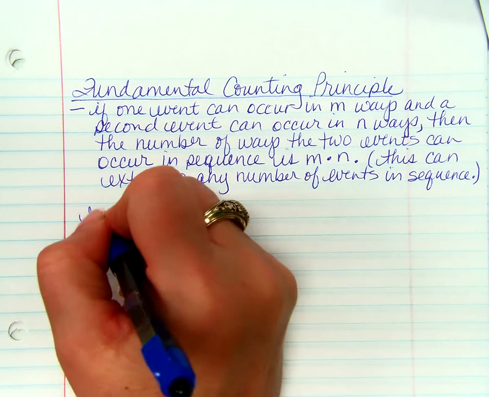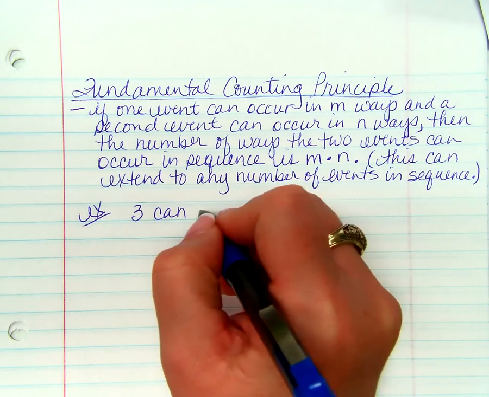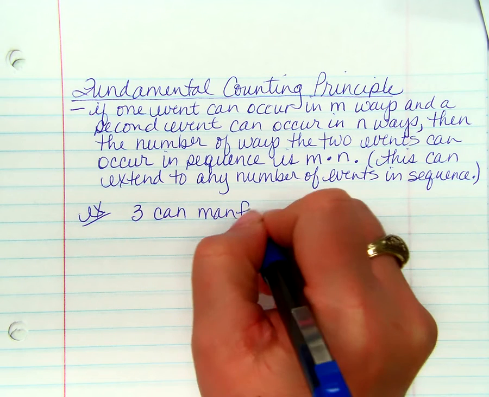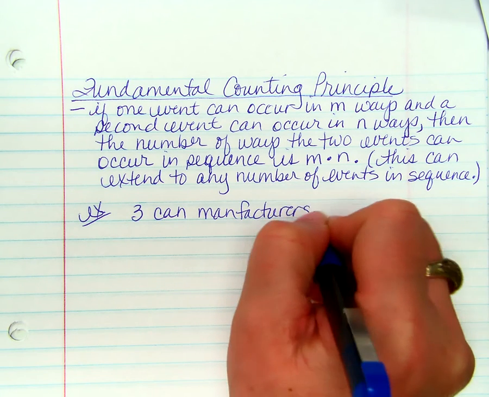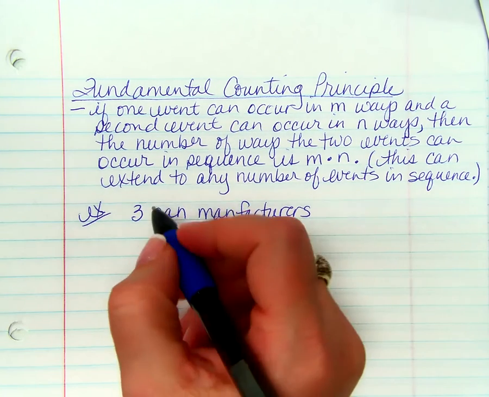So here's an example. I have 3 car manufacturers. Trying to buy a car, I can choose between 3 types of car manufacturers. For example, Ford, Chevy, GM. Are there any other kind of car manufacturers? Yes, but maybe those are the 3 we're talking about. You okay with that? Okay.